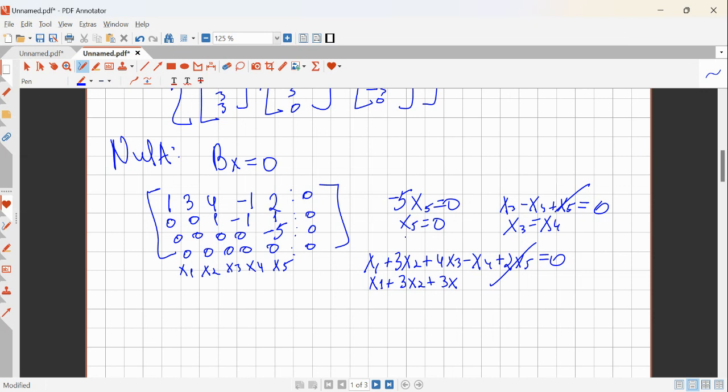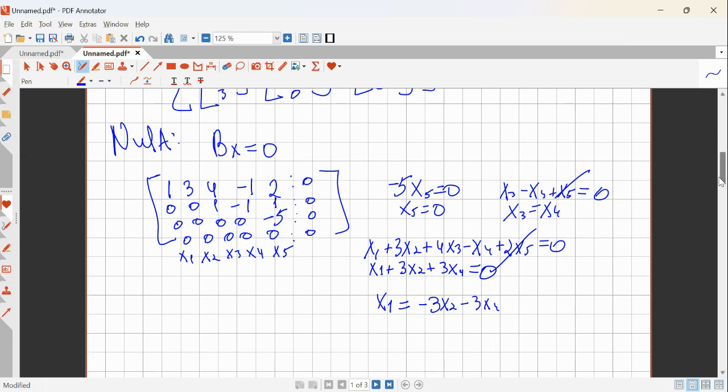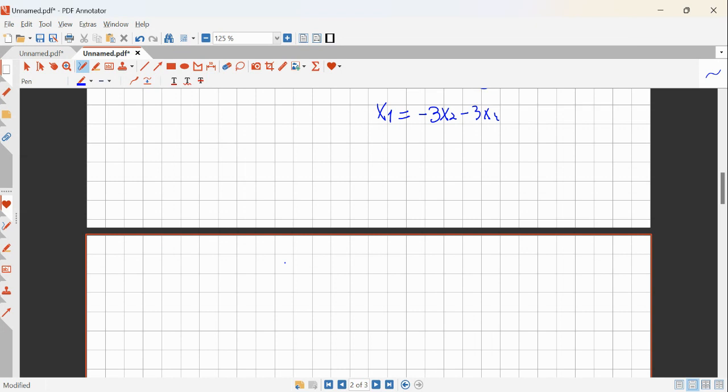We have to find our variables in terms of the pivot positions, so I took x5, x3, and x1 as pivot variables. Substituting x3 equals x4, we get 4x4 minus x4, which is 3x4, so x1 equals minus 3x2 minus 3x4. And we got our values.